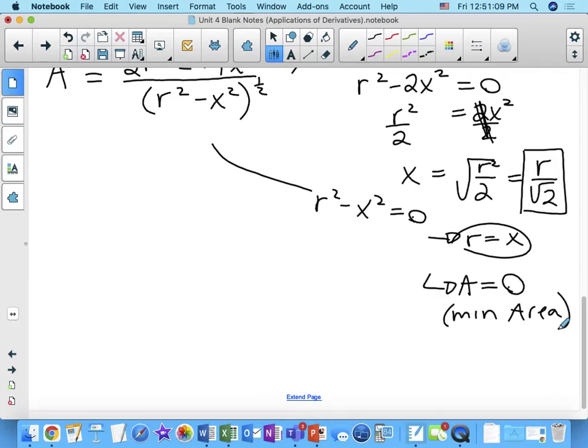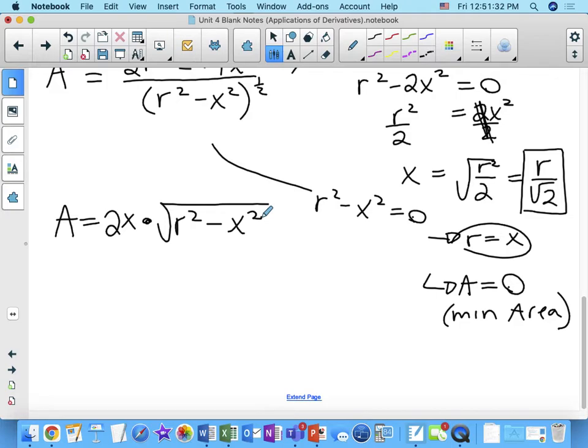Our area function was 2x times the square root of r squared minus x squared. The maximum area occurs when x equals r over the square root of 2.